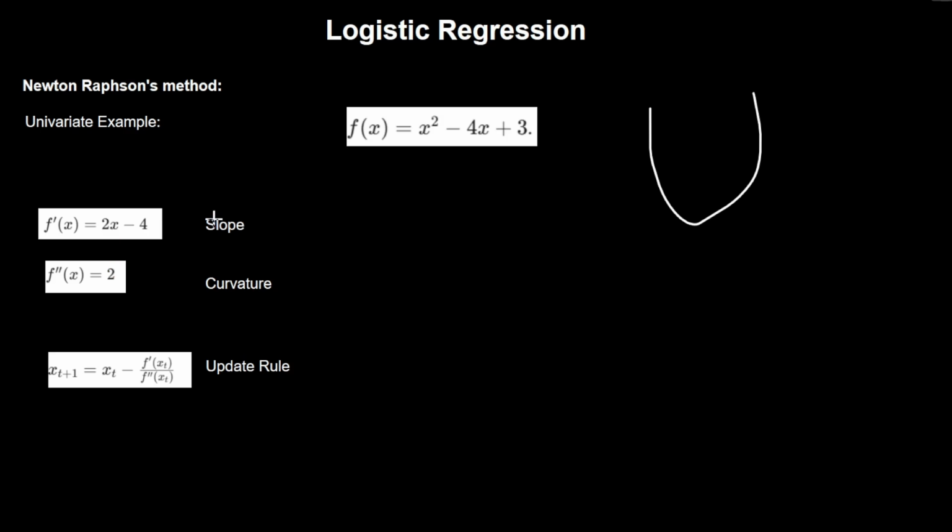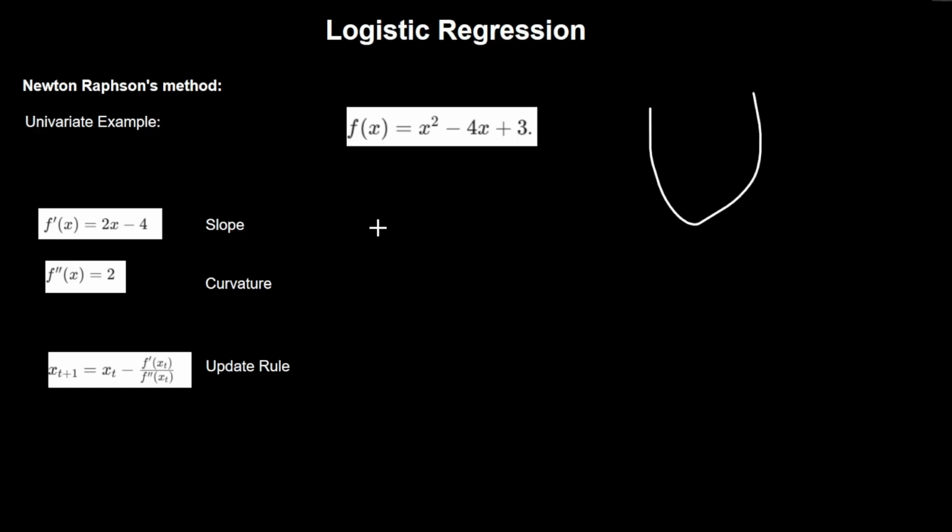Now that we have the first order and second order derivative, let's look at the update rule for the univariate example. To predict the next step, we take the current or previous step and subtract the ratio of the slope and curvature.